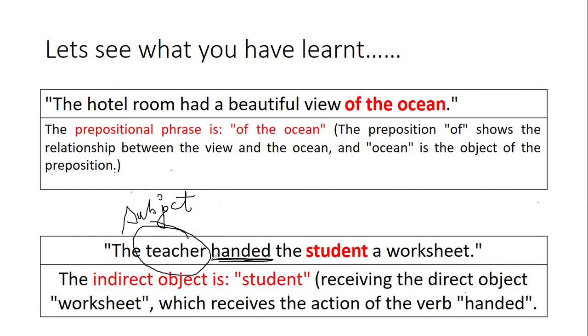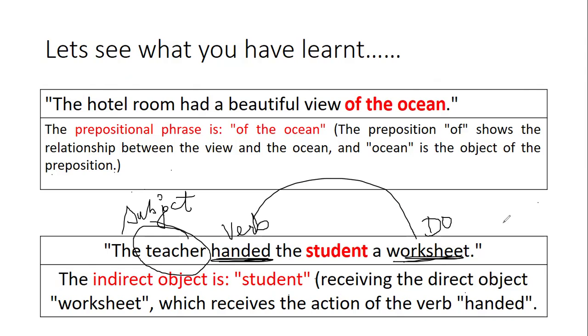What action is she performing? She is handing over something. Verb: handed is the past tense of hand. What is she handing over? She's handing over the worksheet. So this is our direct object, which is receiving the action of the verb handed.